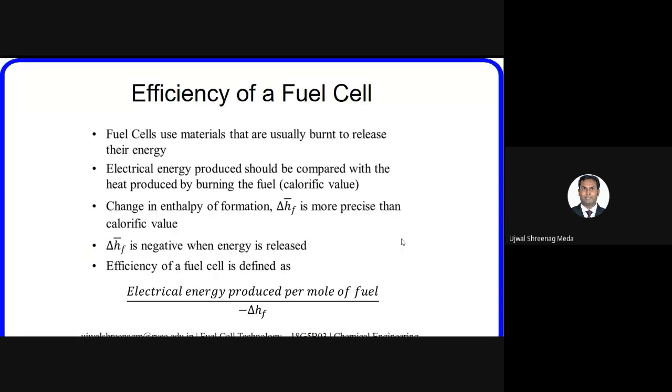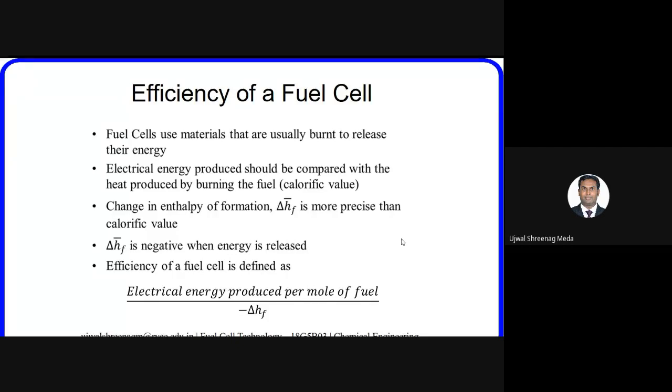These reactants, fuel and oxidant, take part in a reaction, thereby generating some heat, water, and electricity. Electricity is nothing but the flow of electrons through external circuit.